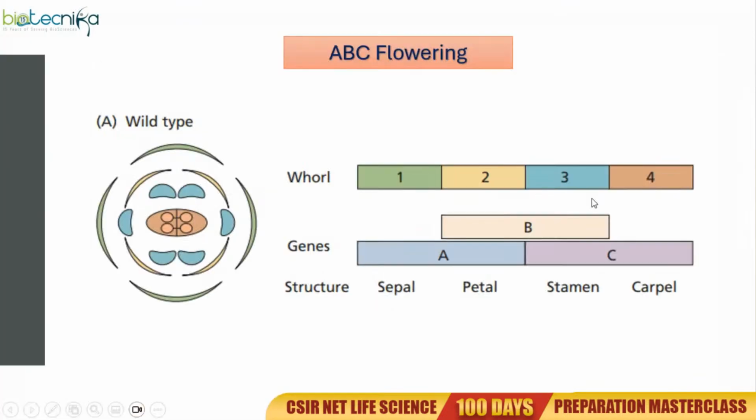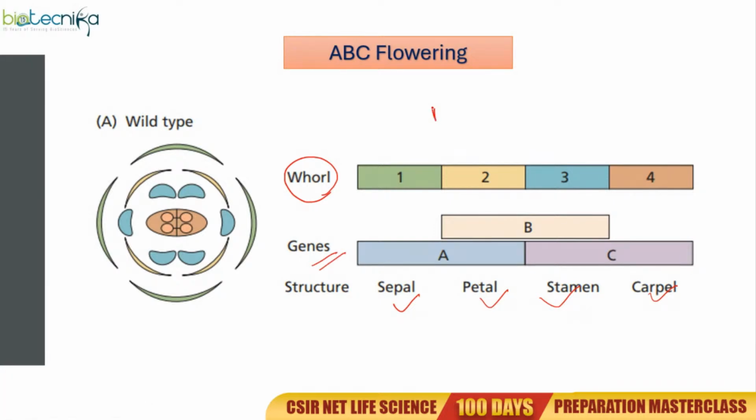Next, we have ABC flowering. Yes, in the plant developmental biology part, questions do come from here, that is ABC flowering. We are aware that the flowers are made up of four whorls, which correspond to different structures, and those structures are coded by specific genes.